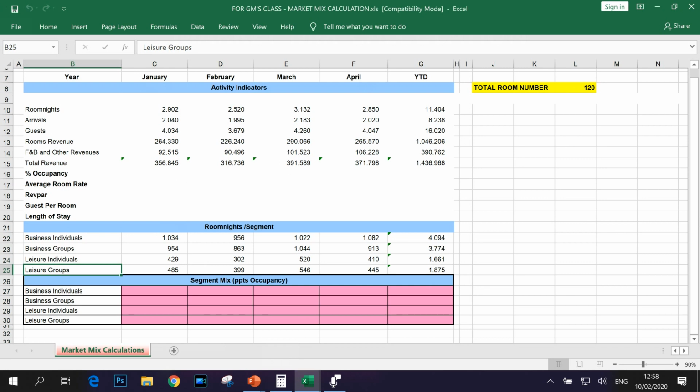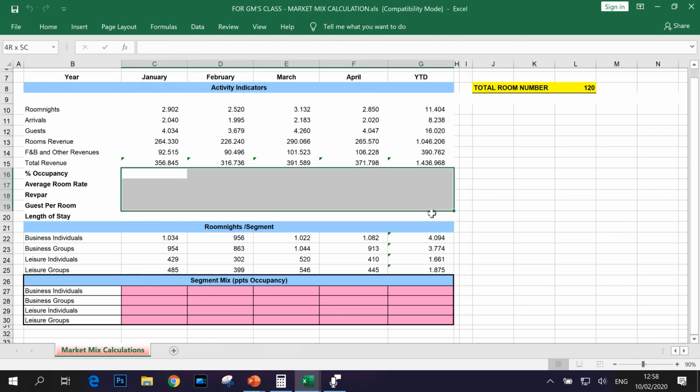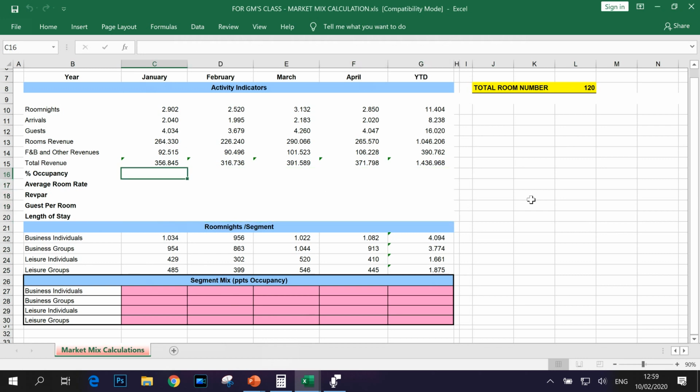And we can see how many room nights were generated from each segmentation. Before we go into the market segment mix calculation itself, let's complete the report first, because we have quite a few cells left vacant. For these empty cells, we will put in the correct numbers using some calculation formulas.